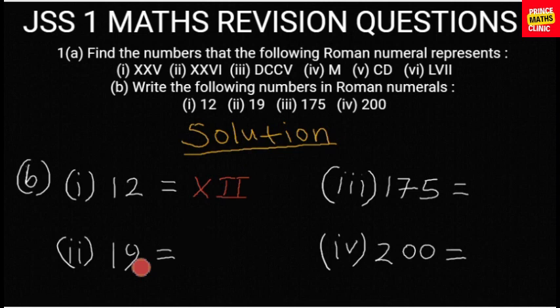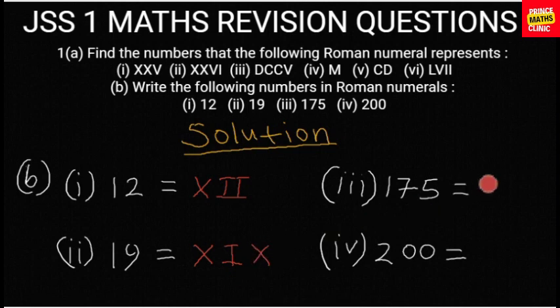Then 19 is just one digit away from 20. So what do we do? Since we know 19 as 10 plus 9, you write 10. Then 9 is just one digit away from 10. So you write a 1, then you write a 10, such that you can now say 10 minus 1, you get 9. So if you add everything up, you have 19.